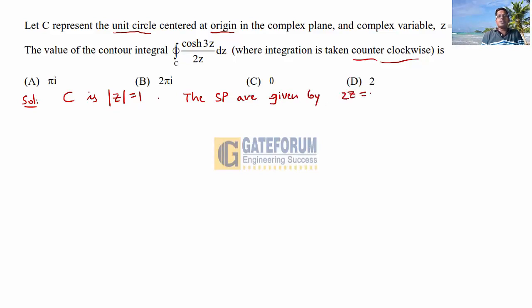That is, 2z equals 0, which implies z equals 0. How do you check whether this 0 lies outside or inside? Substitute this z value in the curve equation. Whenever the left hand side value is less than the right hand side value, such a singular point lies inside the curve. And if the left hand side value is greater than the right hand side value, such a singular point lies outside the curve. So if I put z equals 0, mod 0 is 0. So 0 is less than 1. So this lies inside.